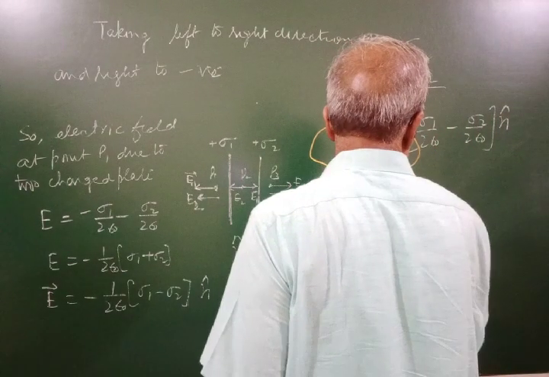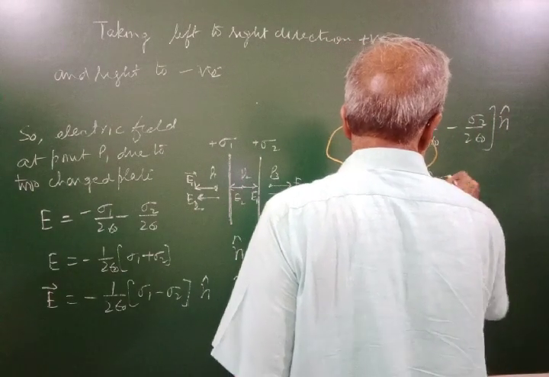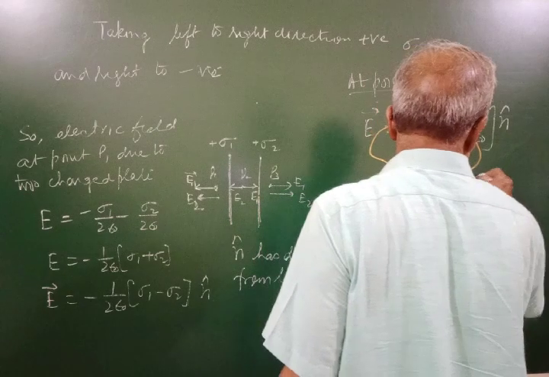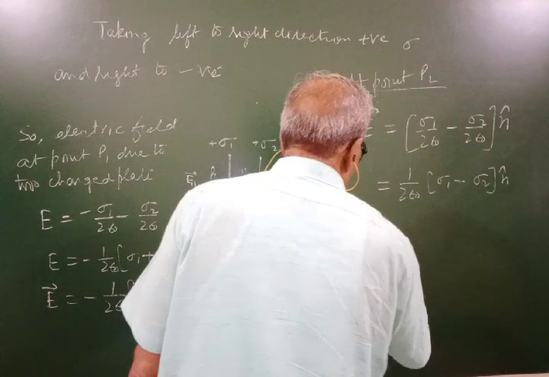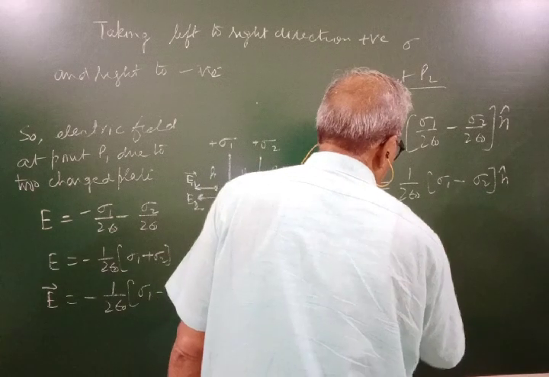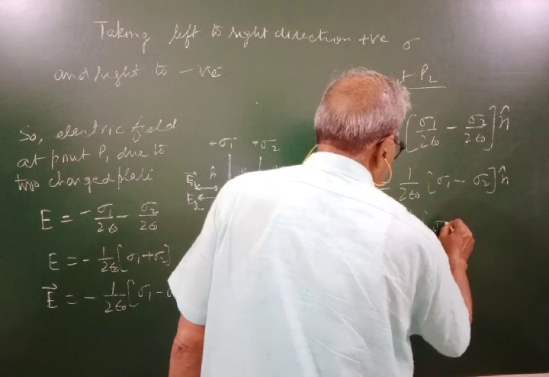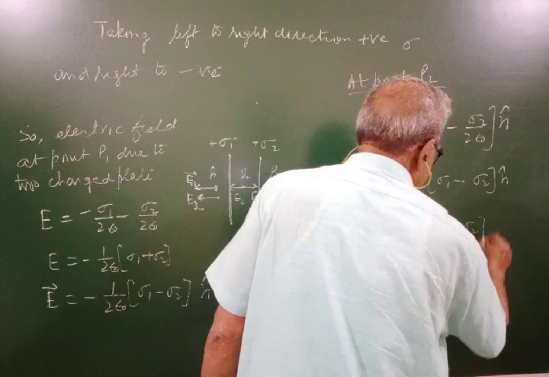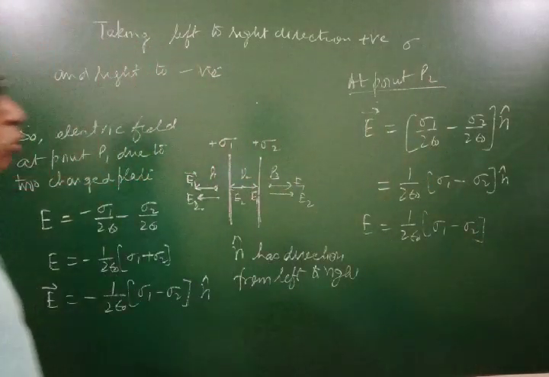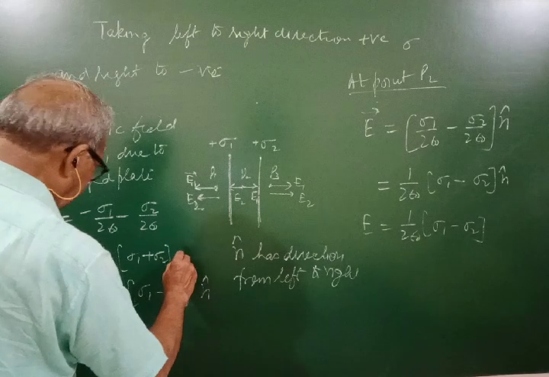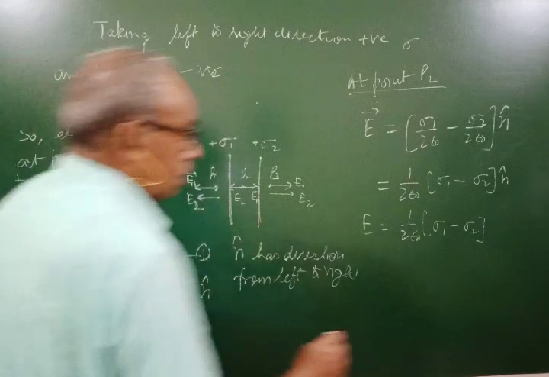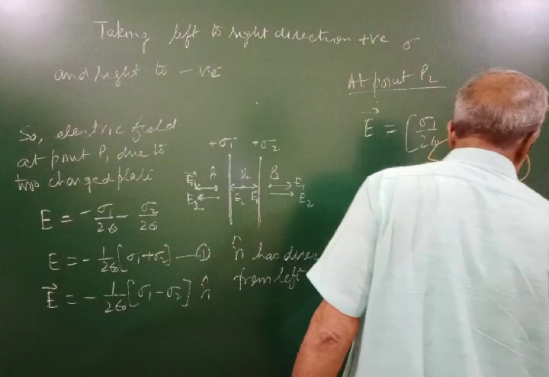So it is 1 upon 2 epsilon 0 into sigma 1 minus sigma 2 n cap. The magnitude is simply 1 upon 2 epsilon 0 into sigma 1 minus sigma 2. So it is the magnitude of electric field in between. Here I write equation 1, equation 2.